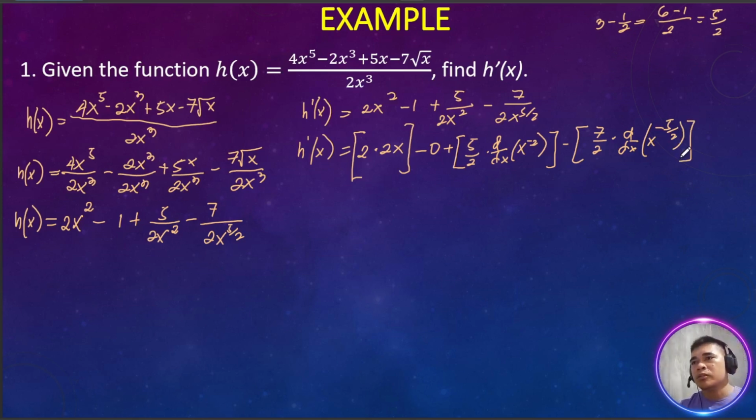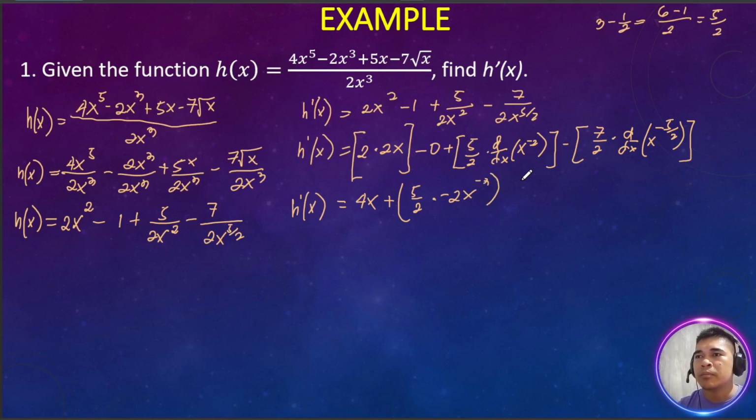Okay? So, medyo taas. So, we get here 4x. This is 0, so okay na na siya. We have 5 over 2 times, diba? Power of negative 2, x to the negative 3. Ang ibabaw. Minus 7 over 2.